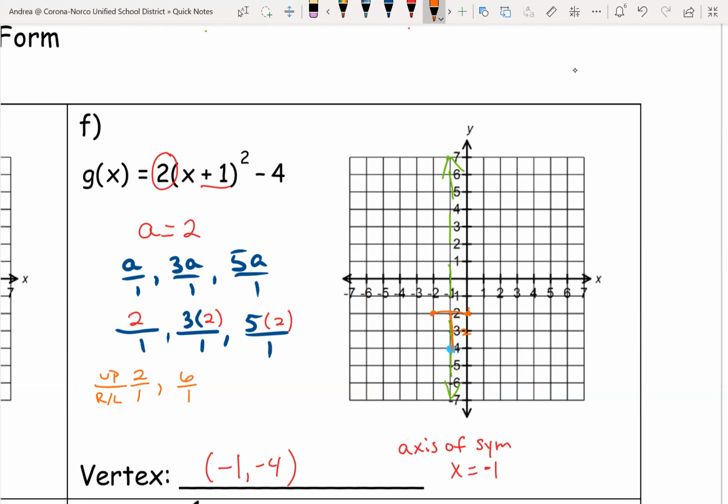So I'm going to move up 1, 2, 3, 4, 5, 6, and over 1. Up 1, 2, 3, 4, 5, 6, and to the left 1. Can I fit 10 on there? The next step will be 10. I can't move up 10. So I can just connect these dots.